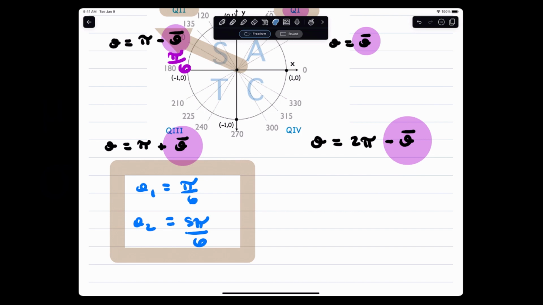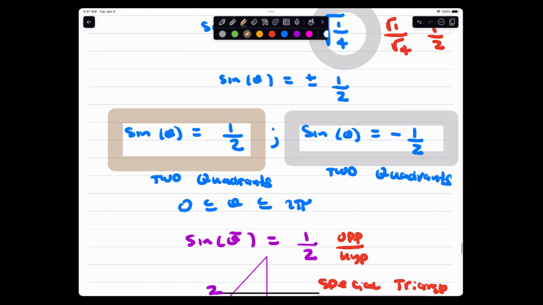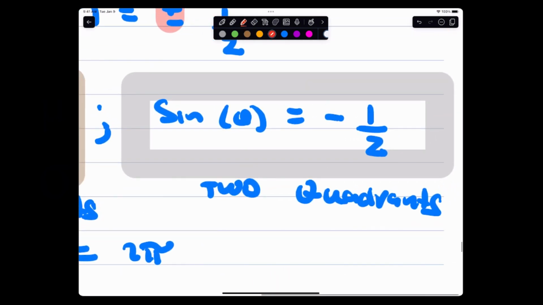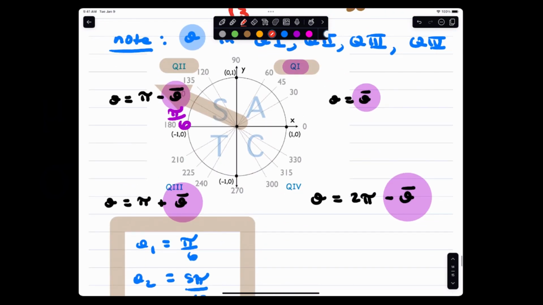The fact that you also have sine being what? Negative, because this is plus or minus. We got to consider this. Where is sine negative? The last two quadrants. So you go, oh, okay, I see that. Sine's negative in quadrant 3 and quadrant 4.